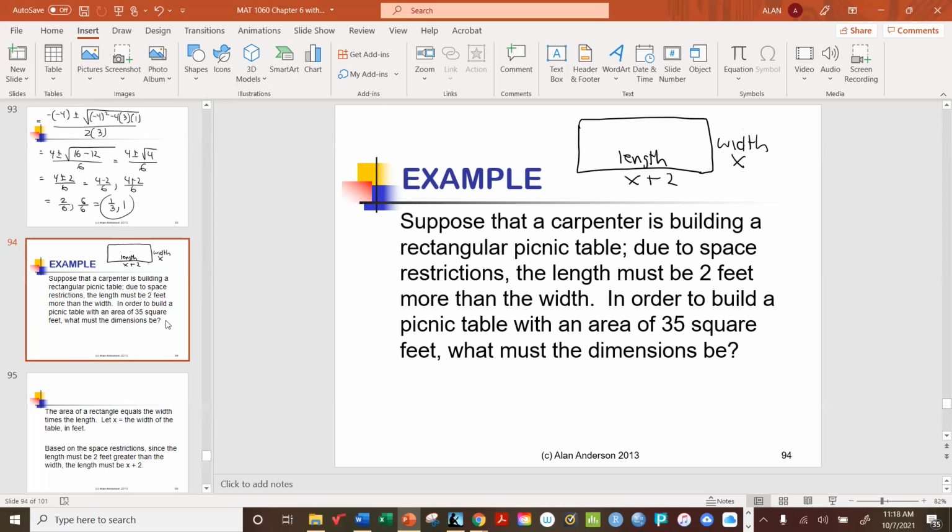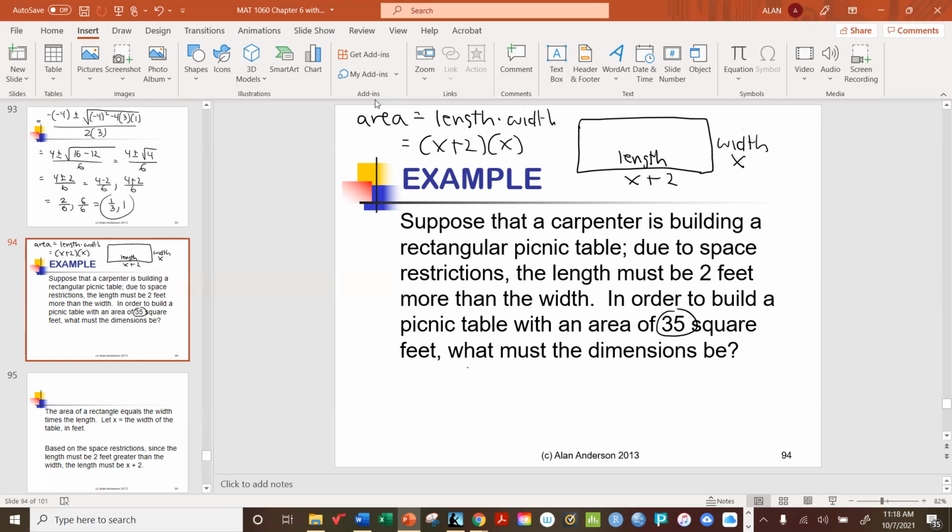Now, you might remember that the area of a rectangle is the length times the width. And in this case, that would be x plus 2 times x. The area of this table must be exactly 35 square feet.